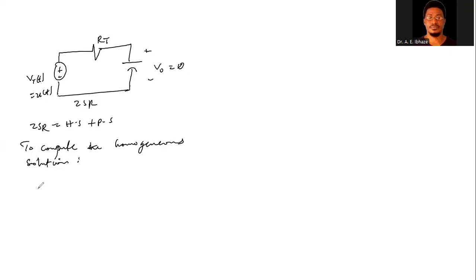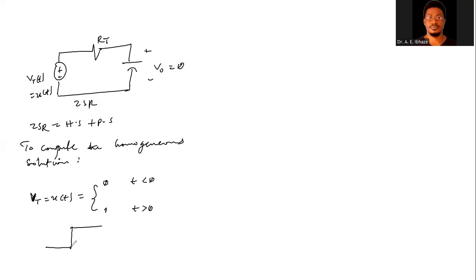And recall that V, the input signal, is the same as a step function. And for a step function, it is 0 at t less than 0, and it is 1 at t greater than 0. So we have something like this.